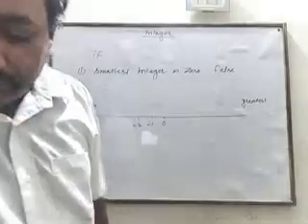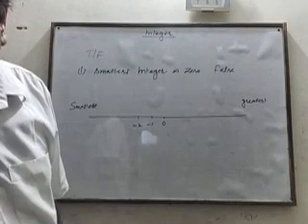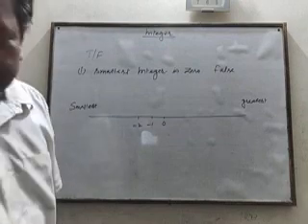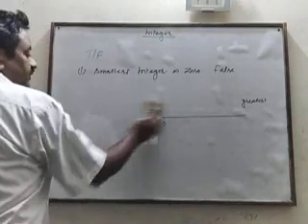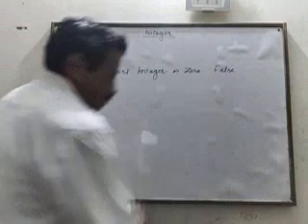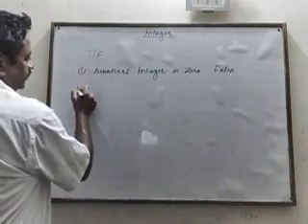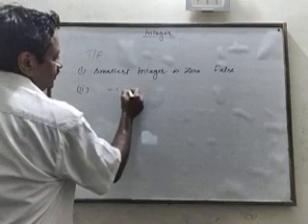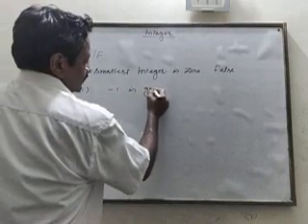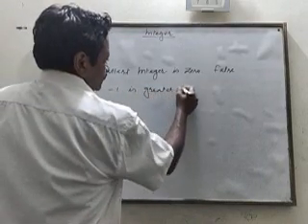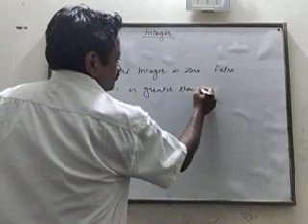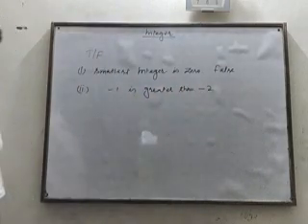Similarly, the second statement is: the negative integer minus 1 is greater than minus 2. What do you think?